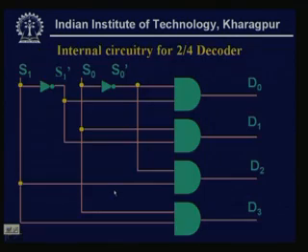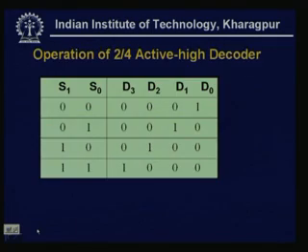Now we have to draw the circuit. Here there are 4 outputs and 2 inputs.